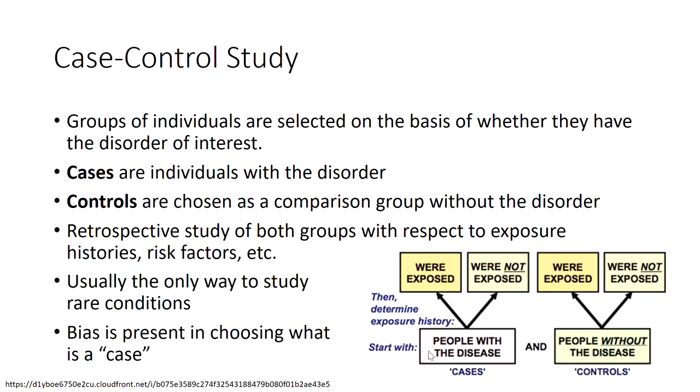Lots of people get diabetes. If it's something like this extremely rare case of brain cancer, then you're going to need to get the people who already have the cancer and then look back at their exposures, just because you'd have so many patients in your study otherwise. It would just be insane. And there is bias present in choosing what is considered a case or not a case.